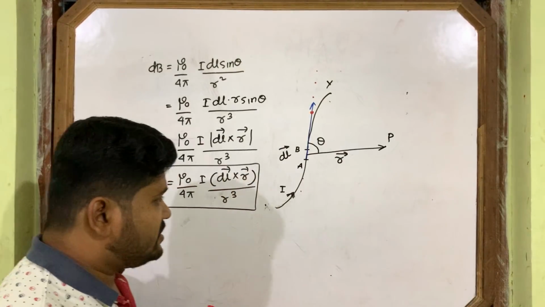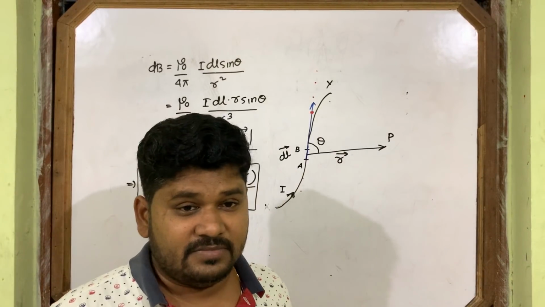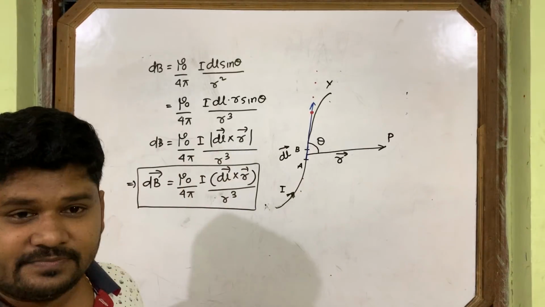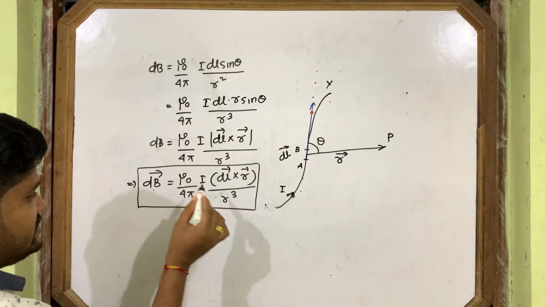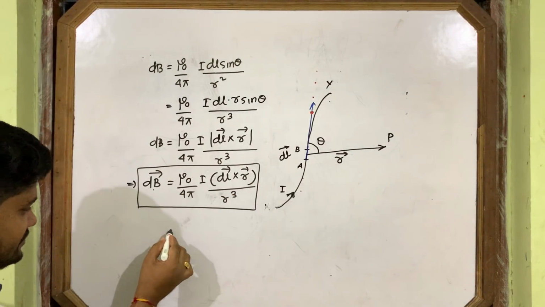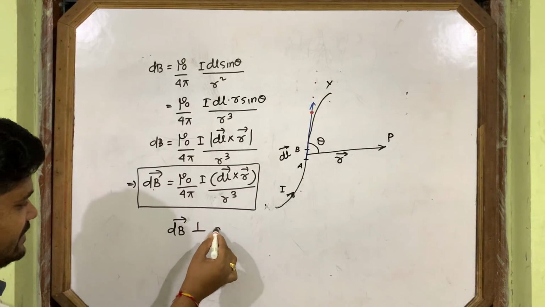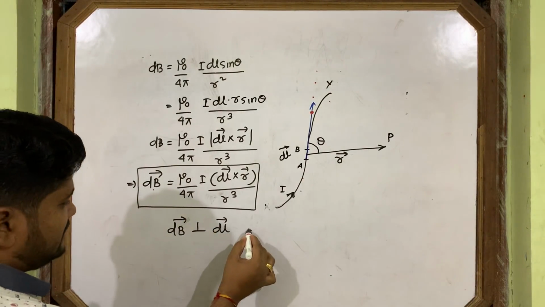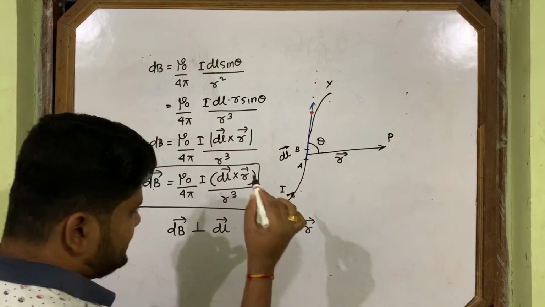In the exam, the question comes: state Biot Savart law and write its vector form. Then you have to write it like this. But from the vector form, mark one thing: dB vector is the cross product of dl and r. So dB vector must be perpendicular to dl vector and dB vector must be perpendicular to r vector.